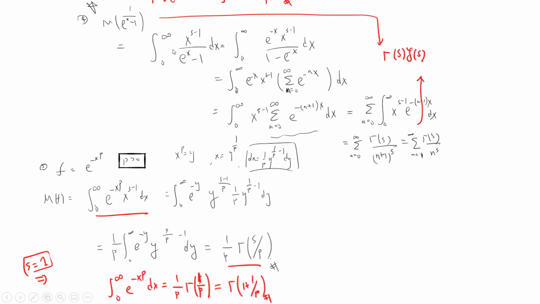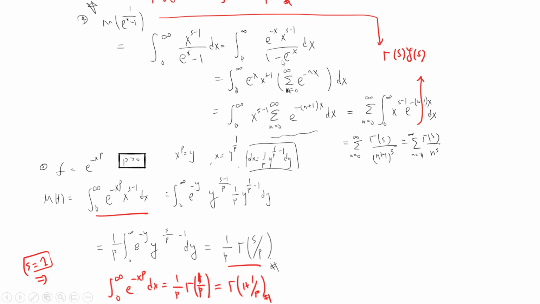So this is the integral of x to the s minus 1 over exponential x minus 1 dx. We can multiply by exponential negative x in the denominator and the numerator. So the numerator becomes exponential negative x times x to the s minus 1, and the denominator is 1 minus exponential negative x. Then we can use 1 over 1 minus x equals 1 plus x plus x squared plus x cubed and so on.